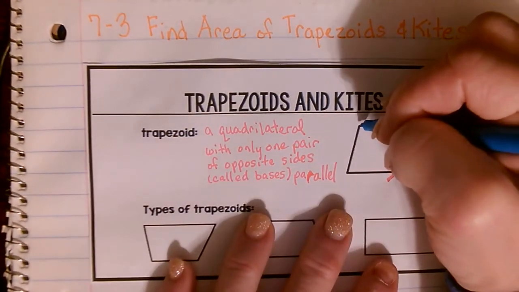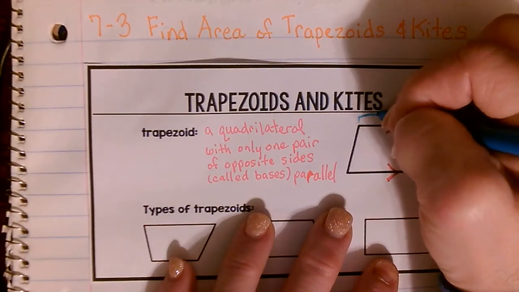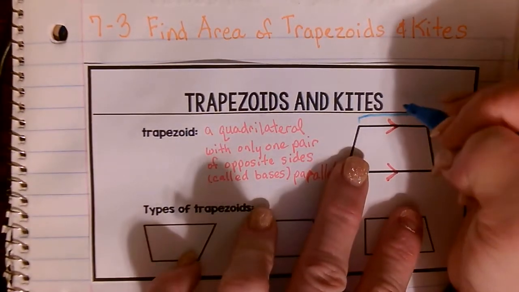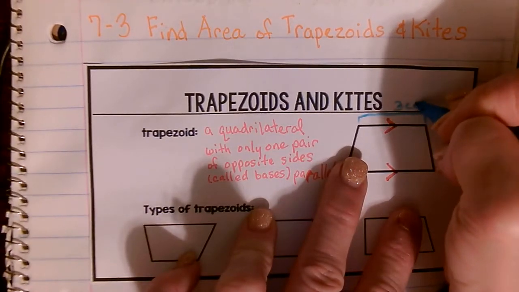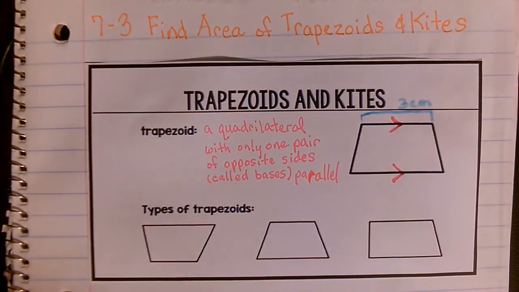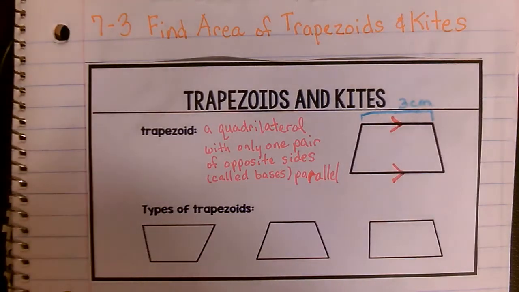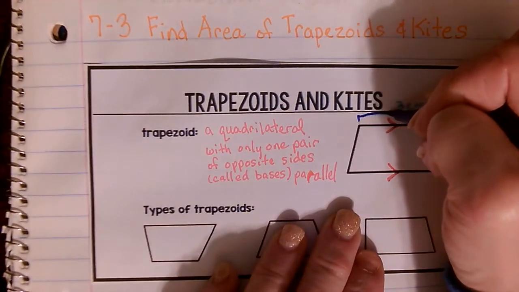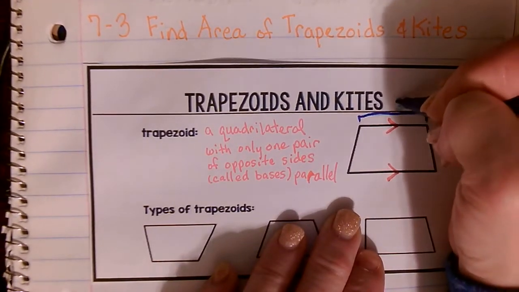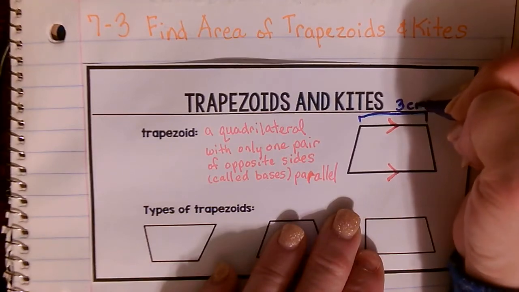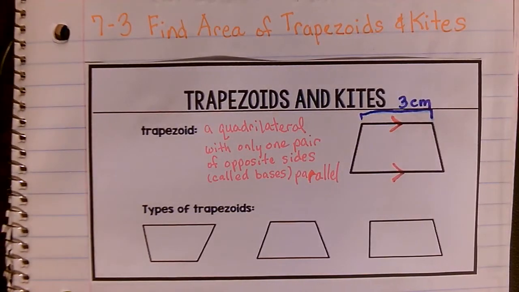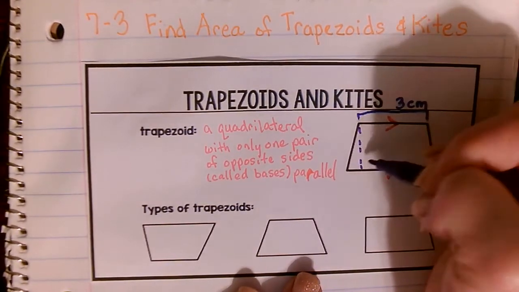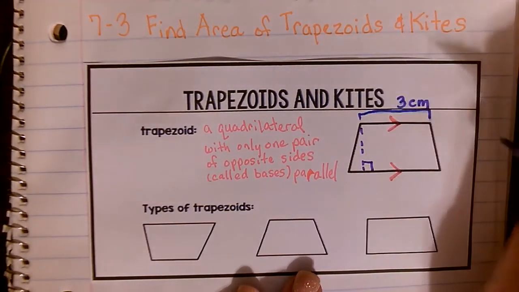Okay, let's make it so that the length of this base 1, we'll call it, base 1 is 3 centimeters. We'll make that a little darker. Now let's look underneath here. We're going to label a dotted line down through here and put a right angle here.